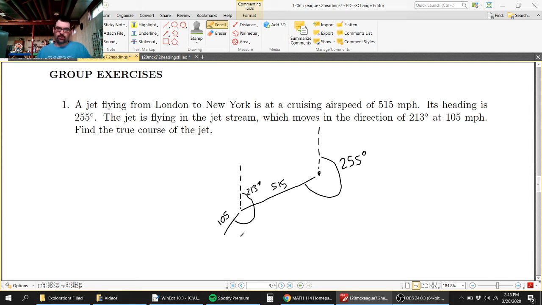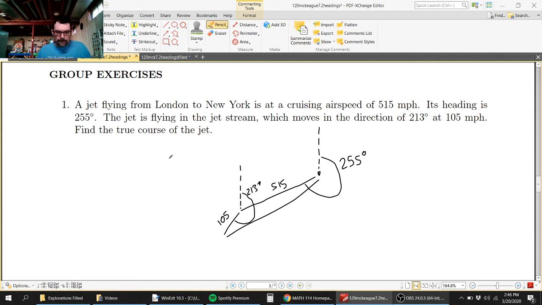All right, find the true course, which means, from the beginning to the end, find the direction and the length of that vector. Now, we have two sides of the triangle, so we need an angle. These angles that we have labeled are going to help us figure some things out.